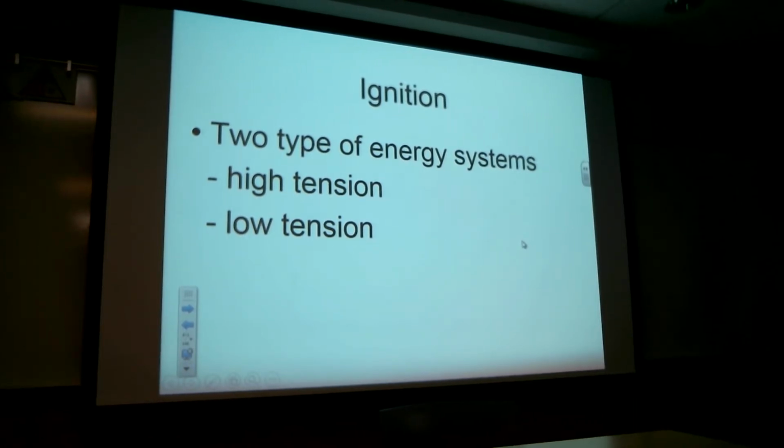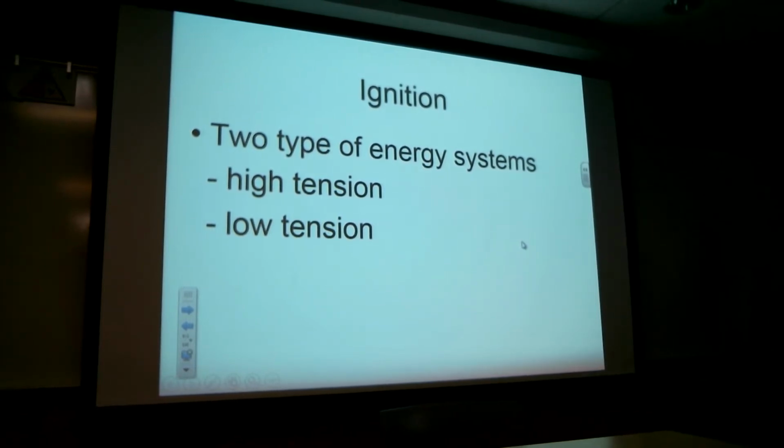And a high tension system is going to start out at about 8,000 volts. High tension is like 8,000. Low tension, 2,000 for the low and 8,000 for the high.